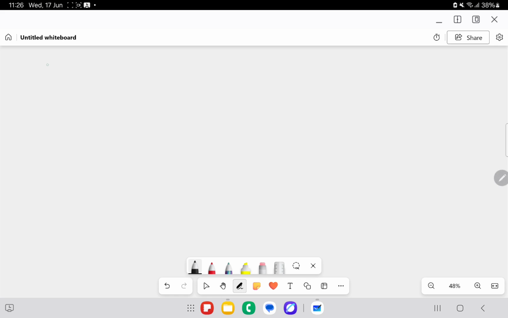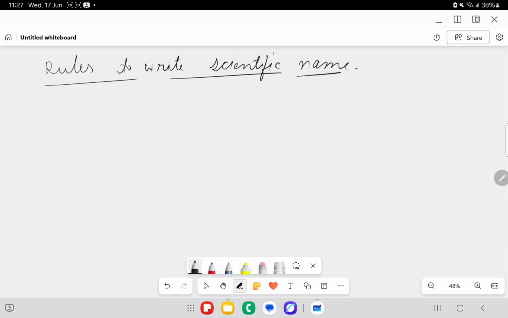There are some rules to write the scientific names. A scientific name is always made up of two parts. The first component is the generic name, and the second part is the specific name.